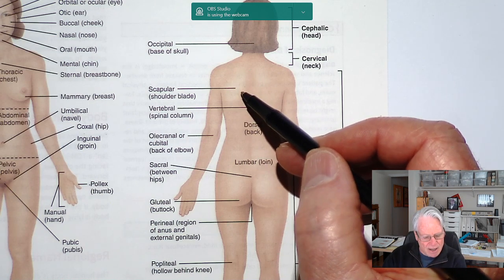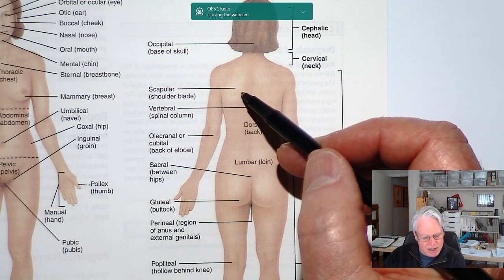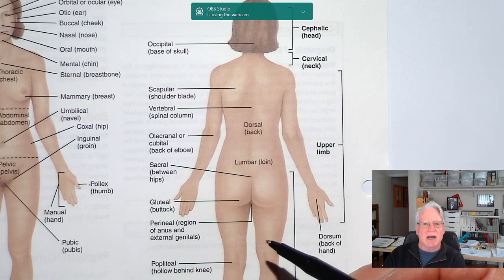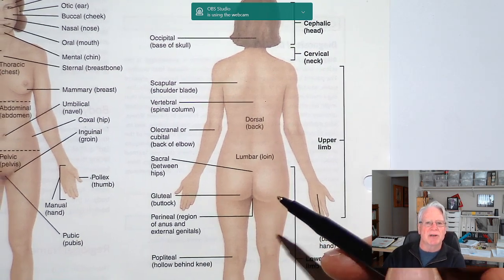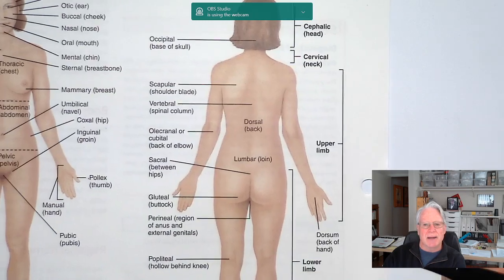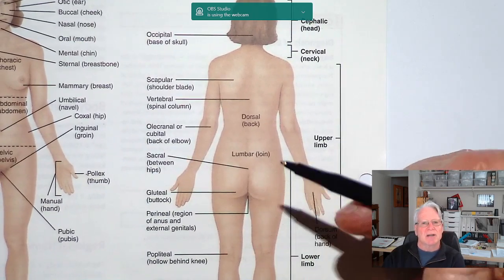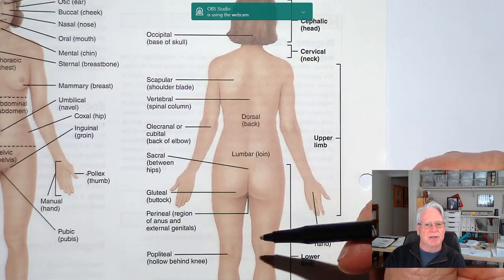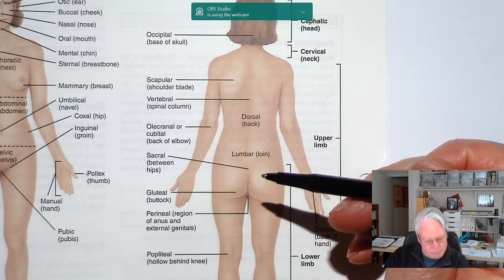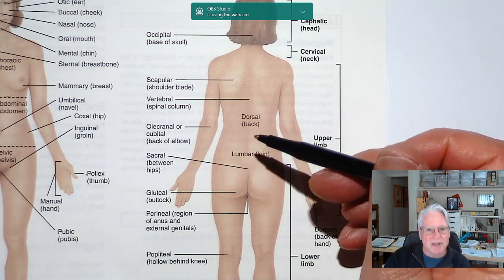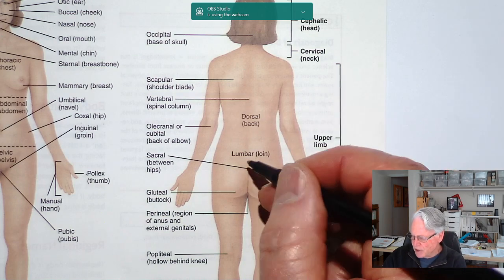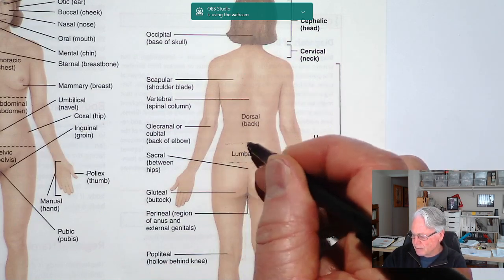Okay. The next region is the loin, and as you can see, what we're talking about with the loin is, oh gosh, where is it? Where do they point out the loin here? Oh, that's the lumbar area. Of course, there it is. So it's this area right here.